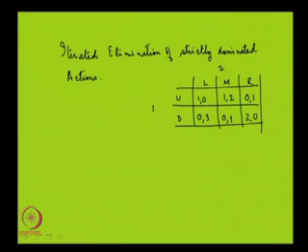Now, you can see that M strictly dominates R. So, if R is strictly dominated, R is not going to be played, in the sense that there is no circumstance under which 2 will play R, because whether 1 chooses U or D, it is always better to play M than R.